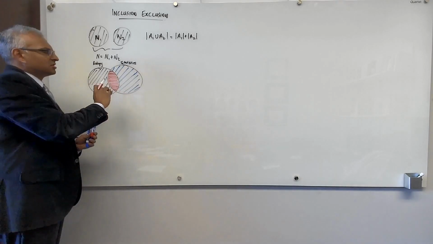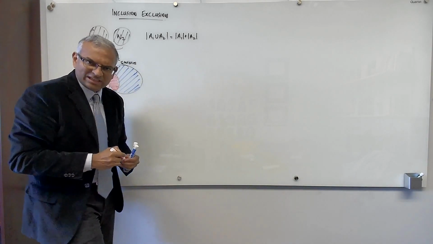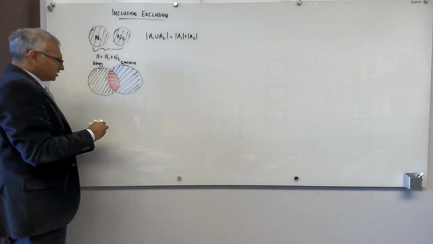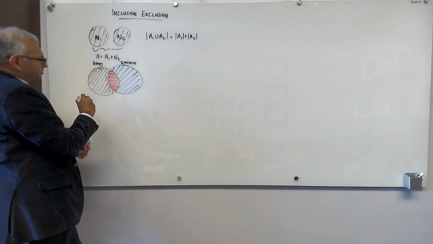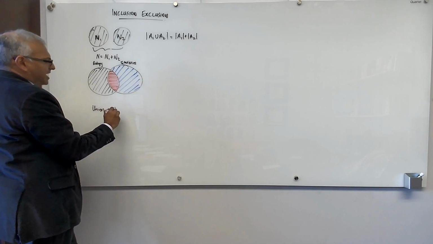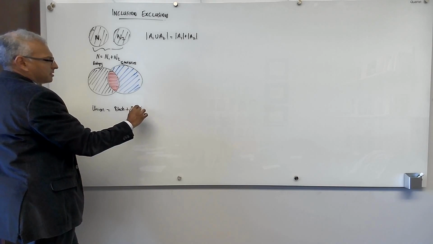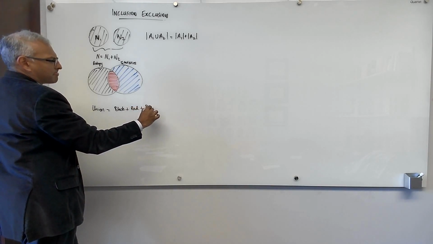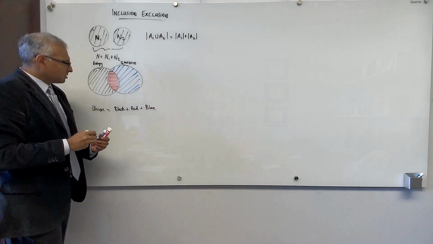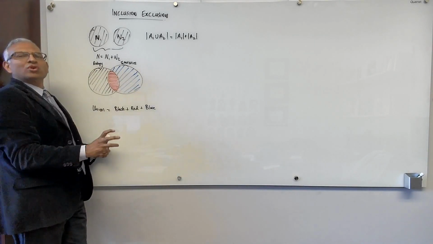Now, we're interested in the size of this whole region, the size of the union, or the number of elements in the union. So the union is equal to black plus red plus blue. Now that I can do because look, the black, the red, and the blue are disjoint regions.